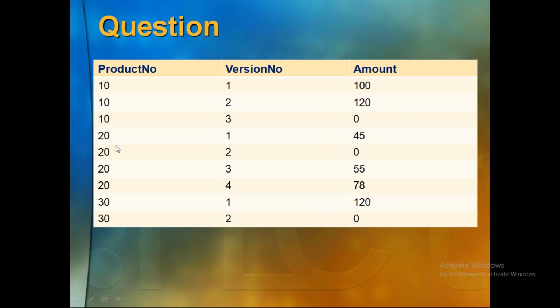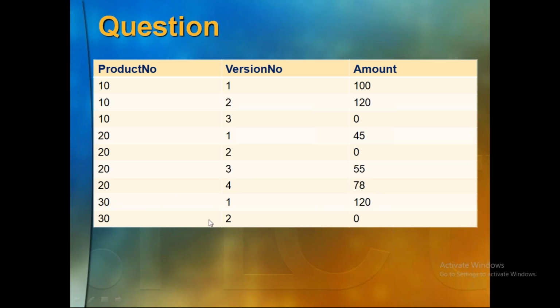Product 20 has 4 versions, and it has the second version as 0, but the highest version is 4 here. For the highest version, we need to have 0. So the second product should not get listed, because they're saying find the highest version for the given product, and if it is 0, then bring it out.